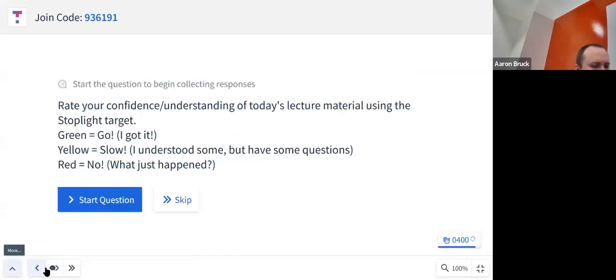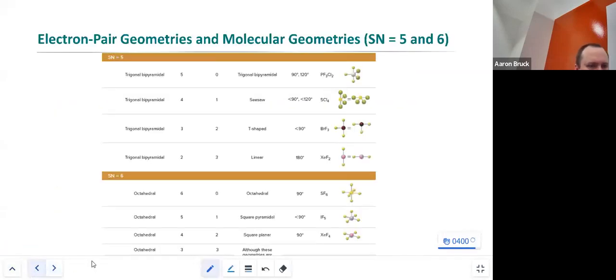Our chart tells us that if I have trigonal bipyramidal shape with one lone pair of electrons, that we are talking about the seesaw molecular shape. Now, where does that seesaw come from? Well, now I can see it. Take this, turn it on its side, and you've got a seesaw.